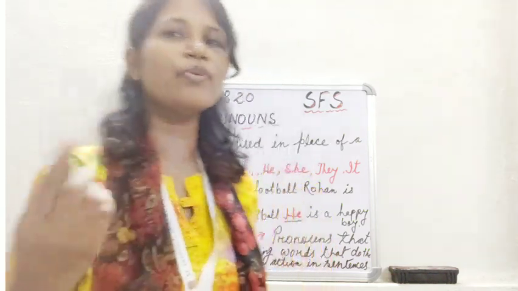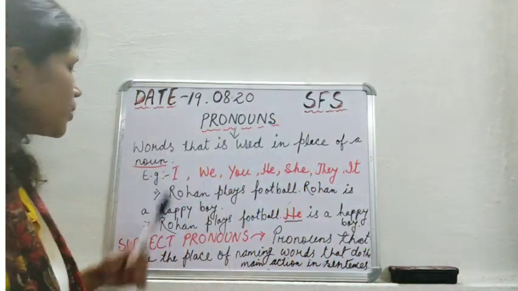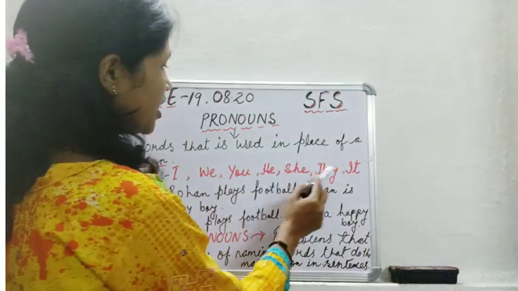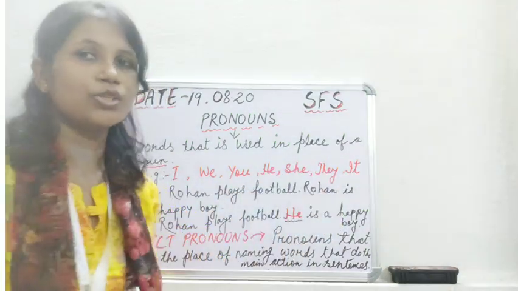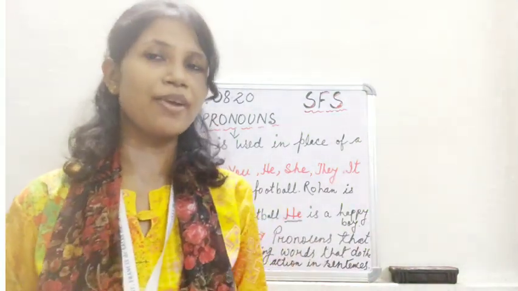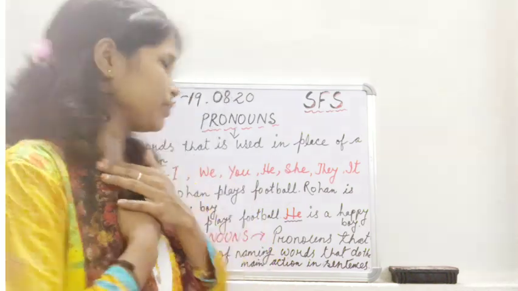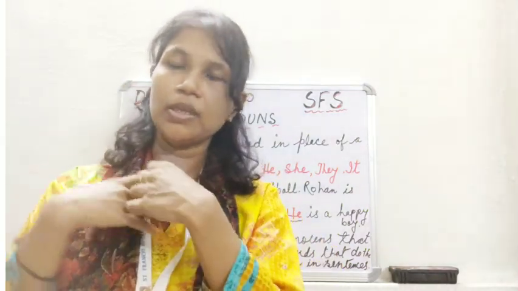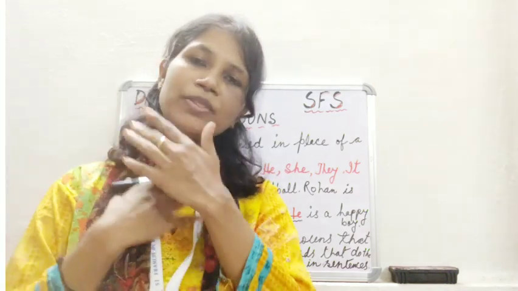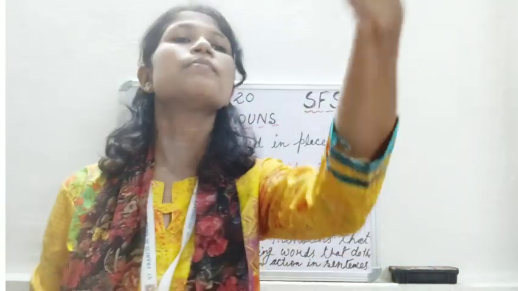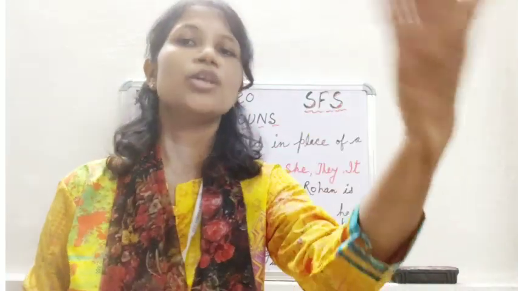Now I will give you a few examples of pronouns. Here you can see I, we, you, he, she, they or it. These are some of the examples of pronouns. I refers to myself. Next is we. We means some people around us along with me, two people or three people along with me. The next one is you, telling to the person in front of you.